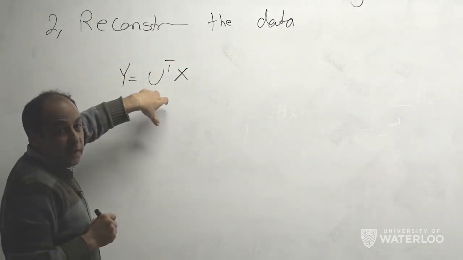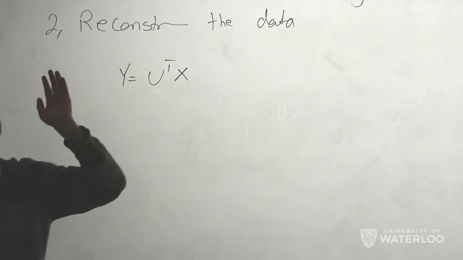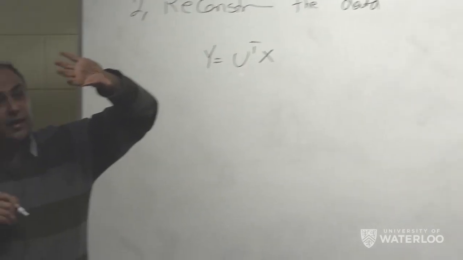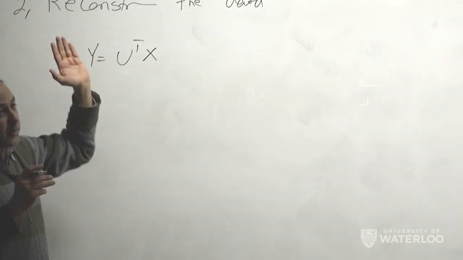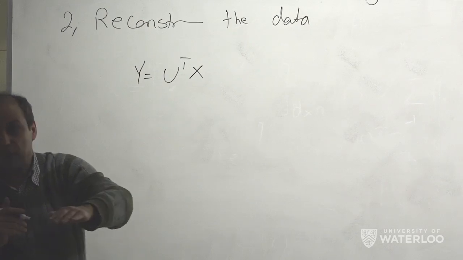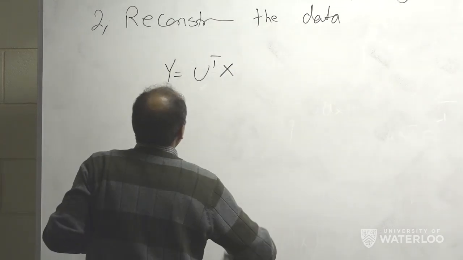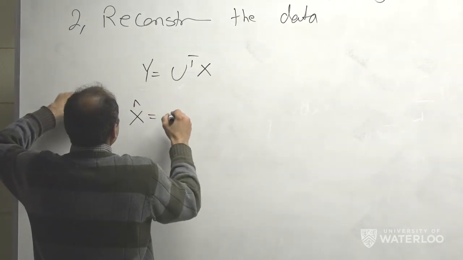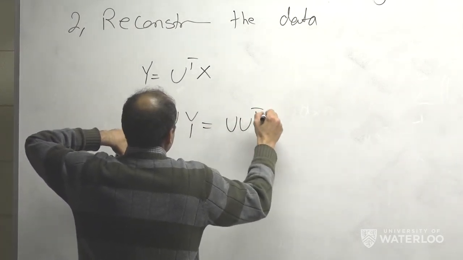So I projected the data using the transformation U, and U is orthonormal. I mean, U is in fact the inverse of U transpose. So U transpose projects the data to low dimensional space. If I multiply everything by U, I will take it back to the original space. So basically, x hat would be U times y, or U times U transpose x.